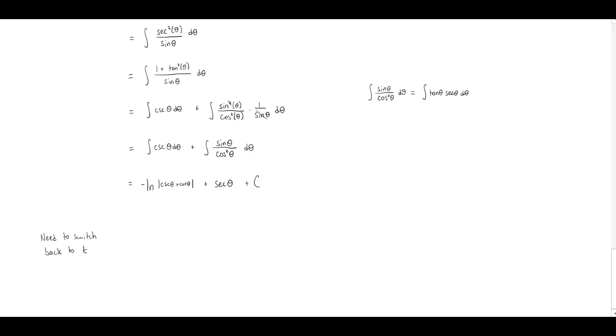Do you guys remember how you would do this? Yeah, very good, yes, okay. Yeah, so we usually did this by drawing a triangle. So I'm going to draw a right triangle right now. And I'm going to label one of the angles as theta. Okay?